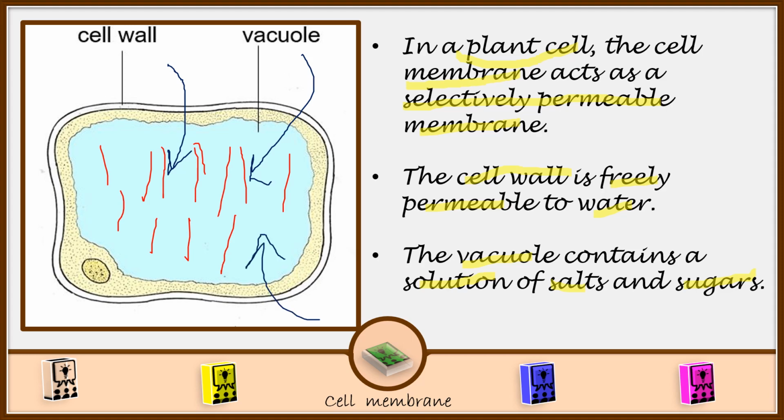The cell wall is freely permeable to water, but the cell membrane is selectively permeable. So because there is a high concentration of salts in the vacuole compared to the outside, water is going to flow through the cell wall and the cell membrane into the vacuole.